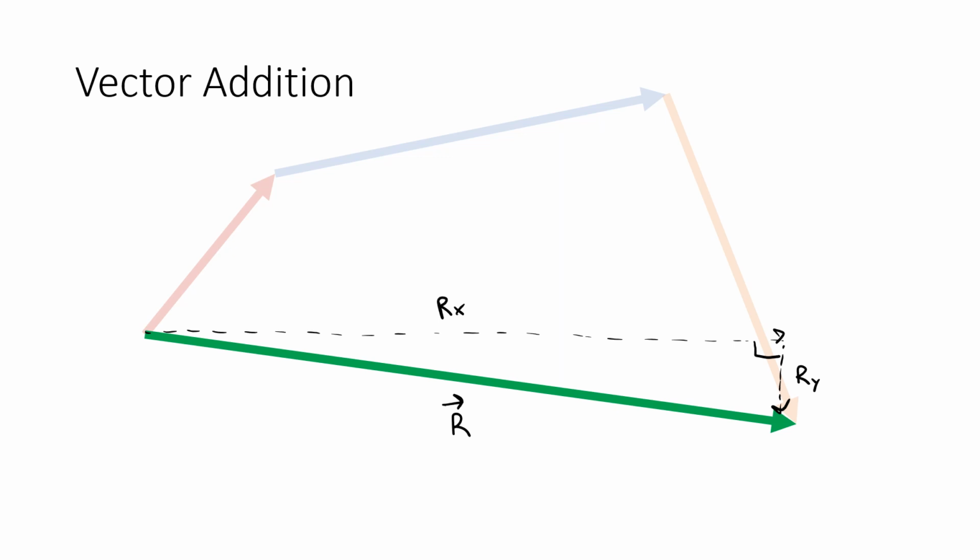And this is where I can say all of the like terms are adding to create that term. So R x is equal to A x plus B x plus C x. And R y is equal to A y plus B y plus C y.